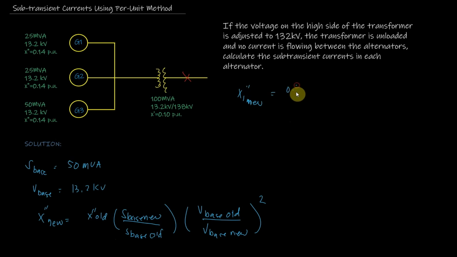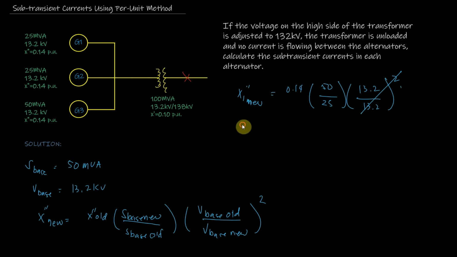So 0.14 times yung S base new is 50 divided by S base old, which is yung 25, and then kV old or yung base voltage old, which is 13.2 divided by voltage base new, 13.2 din. So dahil pareho naman yung ating old tsaka new base, so wala nang effect yung ating voltage dyan. So pwede natin i-cancel out yan, magiging 1 na yan.